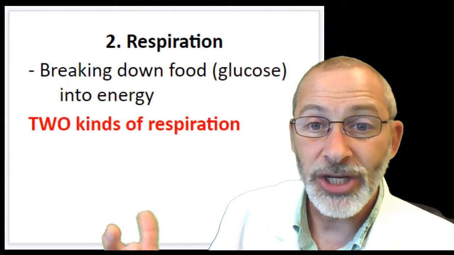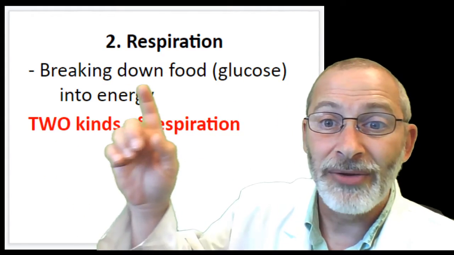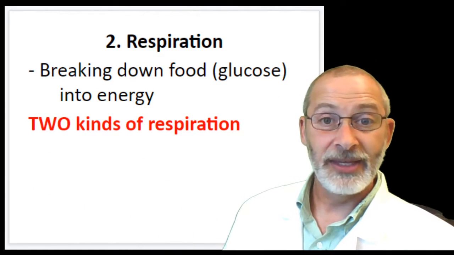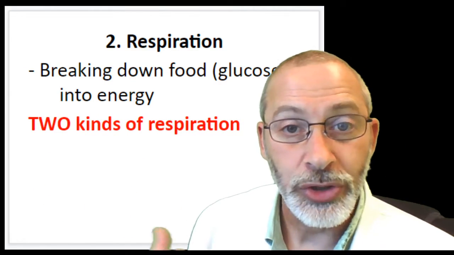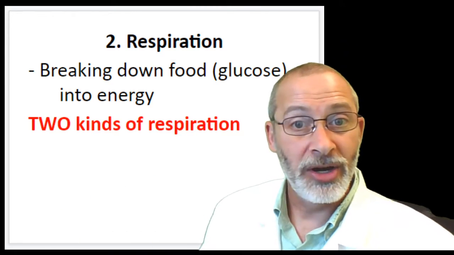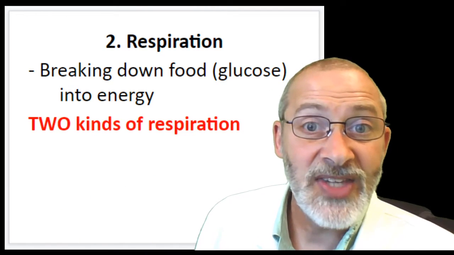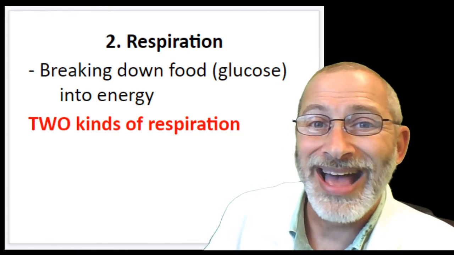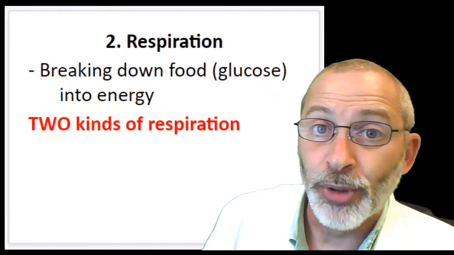Remember, respiration is the breaking down of food into energy. It's not like the breathing that we do as an organism. We're talking about what happens on a cellular level. So let's talk about the two kinds of respiration.